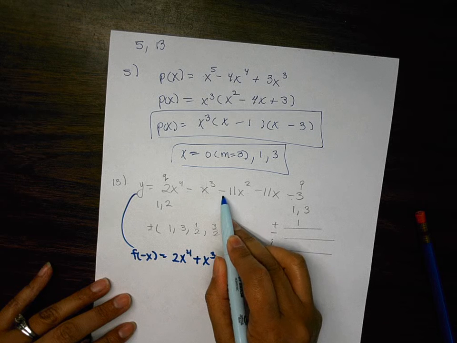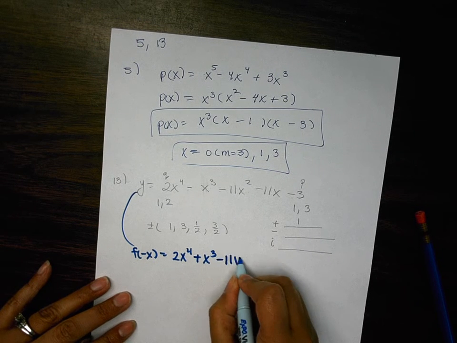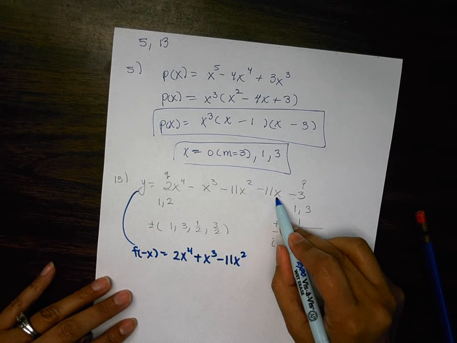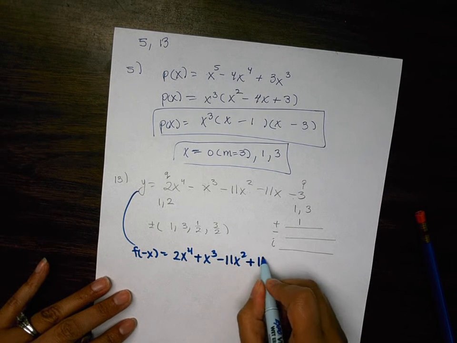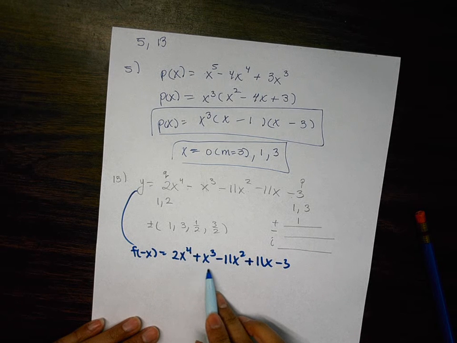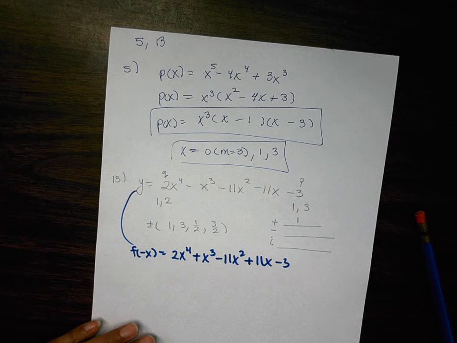Positive, right? Because negative x cubed stays negative. Minus 11, and I plug in a negative x squared. Is that going to change or stay? Negative 11x squared, right? Because that squared is going to undo that negative. And that negative is going to cancel out with that negative. And that minus 3 is going to stay.